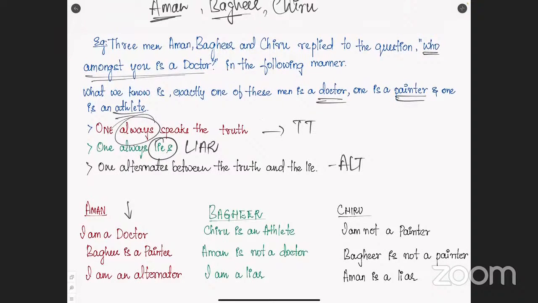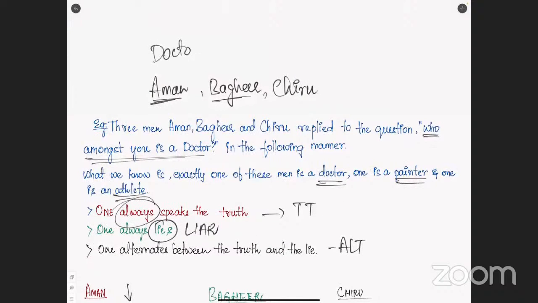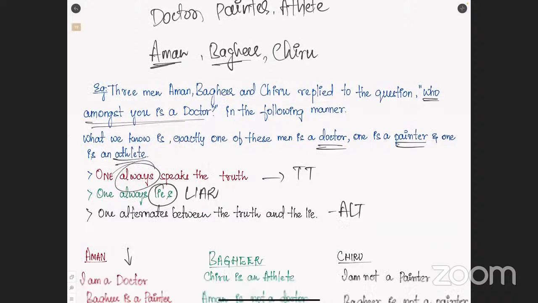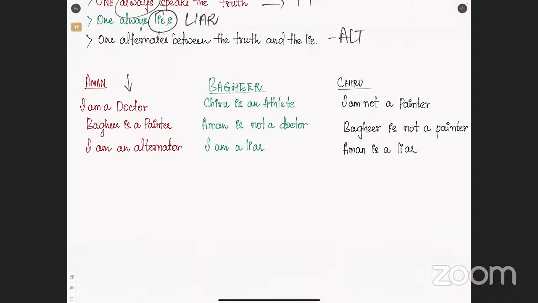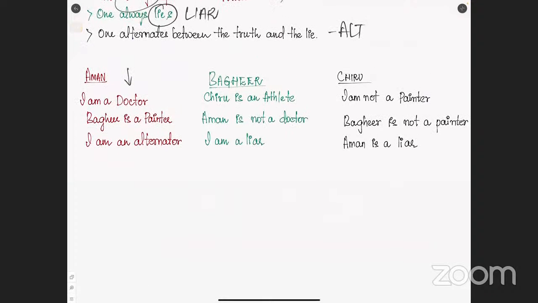So, doctor, painter, and athlete. These are the 3 professionals who are part of this group. Now, Aman says he is the doctor and Baghir is the painter. And he also says, I am an alternator. Alternator means I will tell the truth in one statement and I will lie in the next.